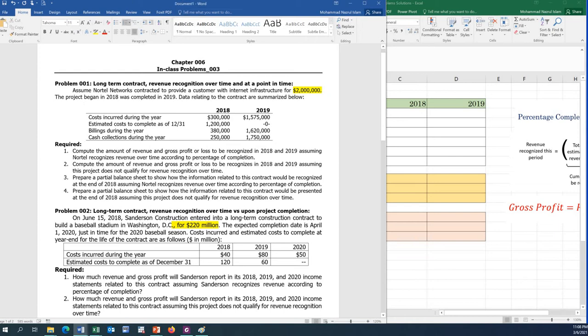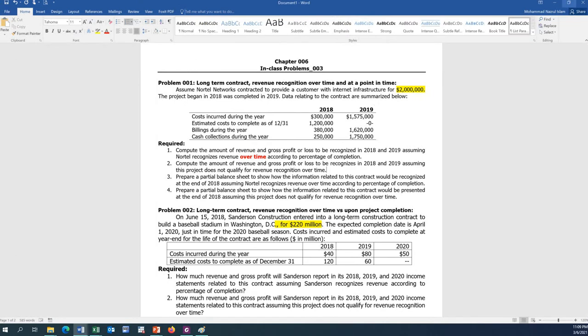We have this information, and we compute the amount of revenue and gross profit or loss to be recognized in 2018 and 2019, assuming that Nortel recognized revenue over time. Here is the key: if they recognize revenue over time, we need to think about the percentage of completion of the work. Now let's solve the problem.